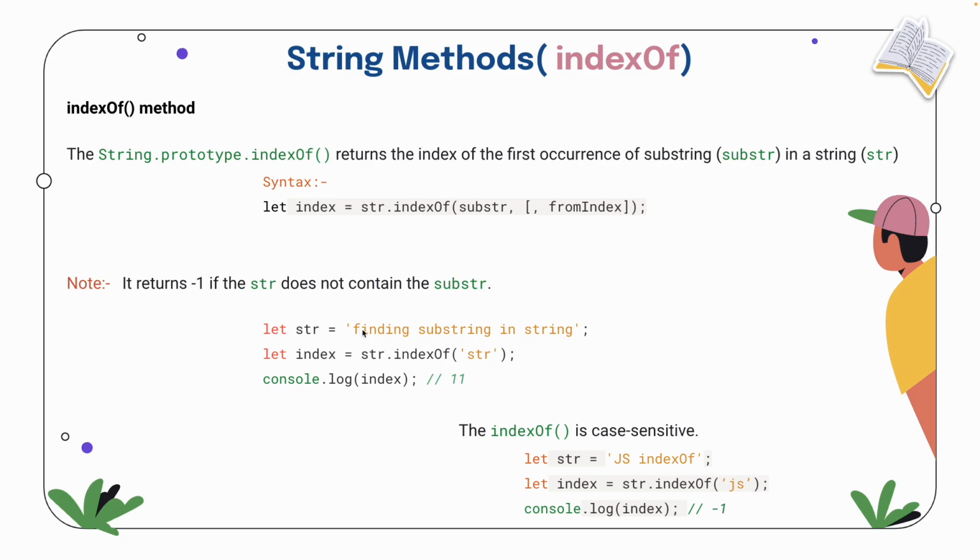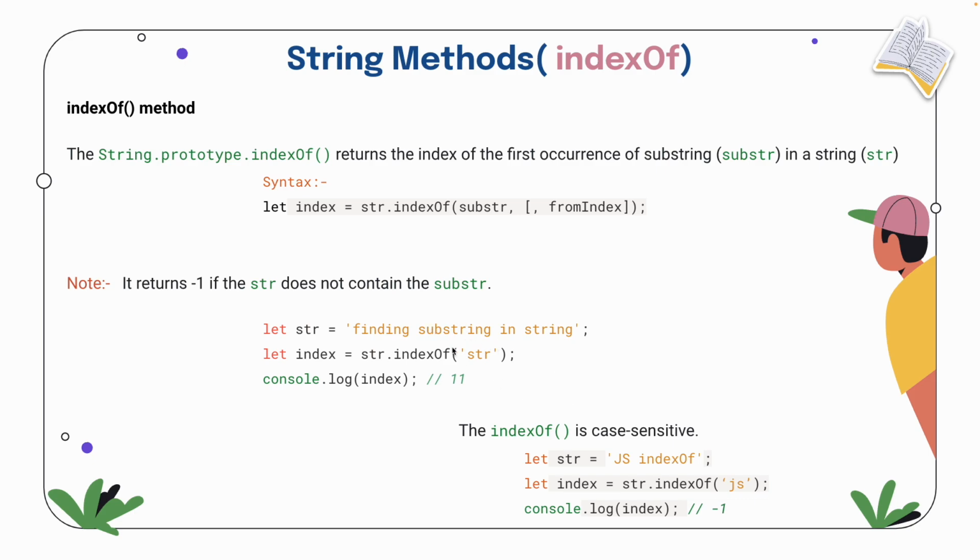It's 0, 1, 2, 3, 4, 5, 6, 7, 8, 9, 10, 11. So at the 11th position str starts, and that's why it will print 11. So indexOf we can use on a string as well to check whether part of the string is available in the main string or not.